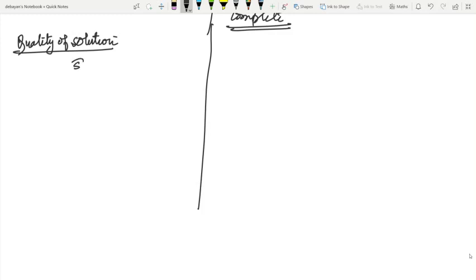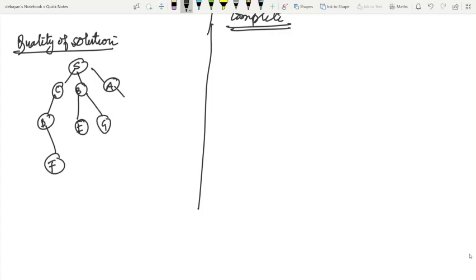Say this is A, this is B, this is C, this is D, this is E, this is F, G, H. If we go first A, then C, then D, then F, the path is nothing but the source, then C, then D, then F, then G. So this is a path.